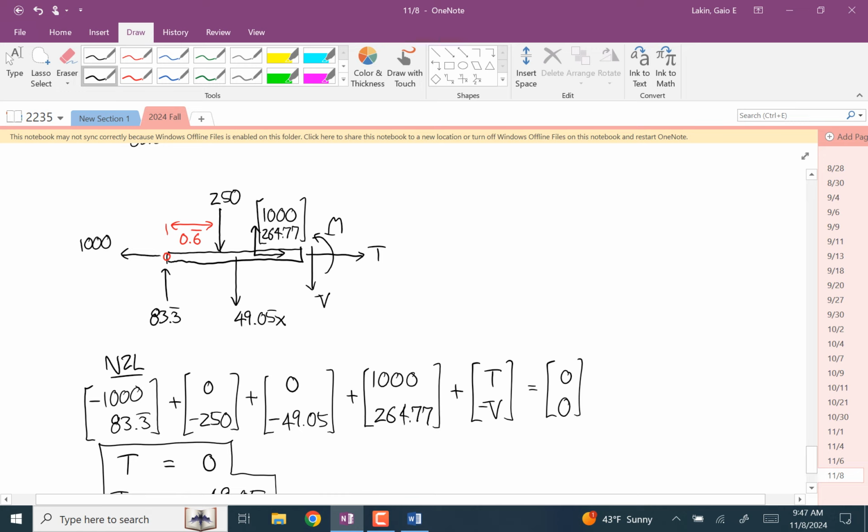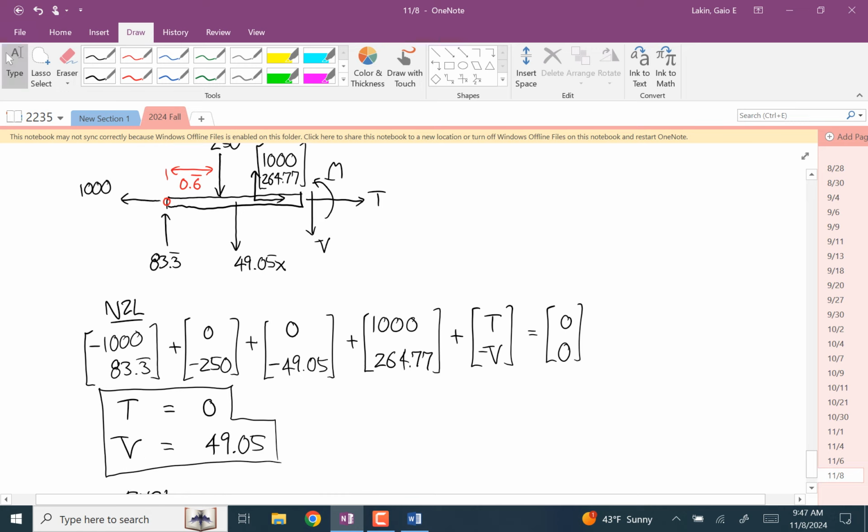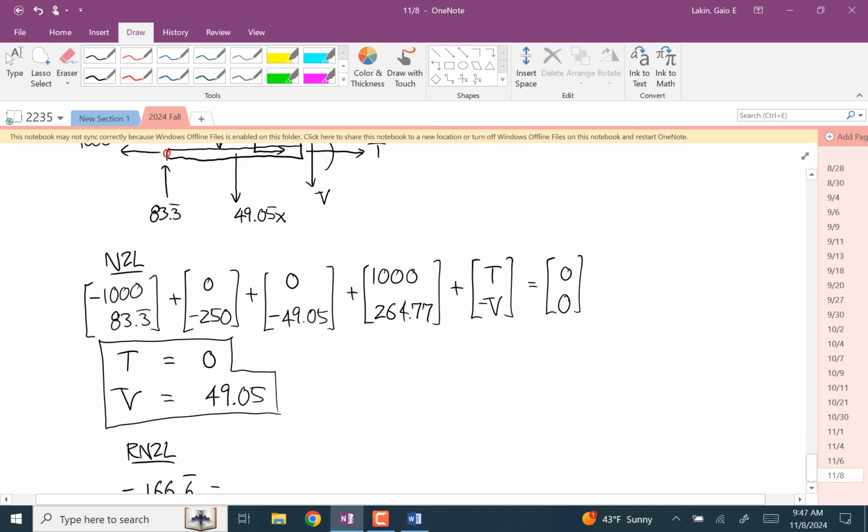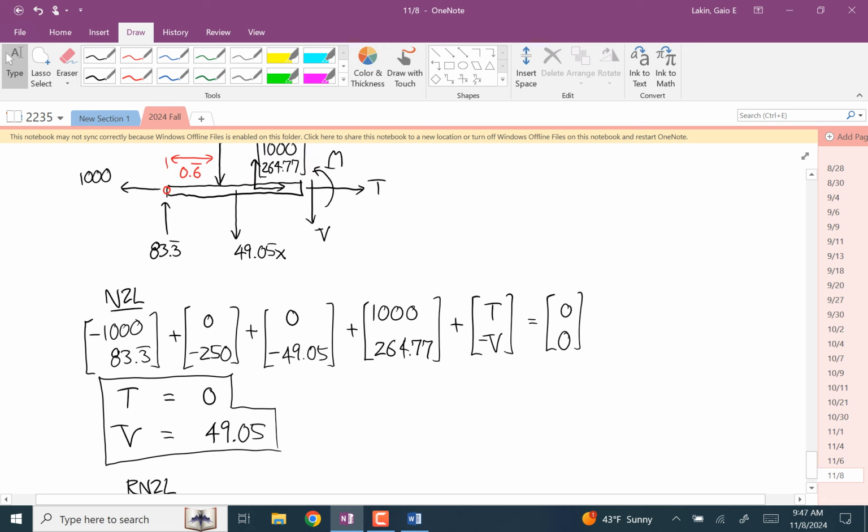The 49.05x, is that clockwise or counterclockwise? And what's the moment arm for that? Nope. X over 2. Yeah. So I don't know. It helps to draw out the shape, especially at the beginning.